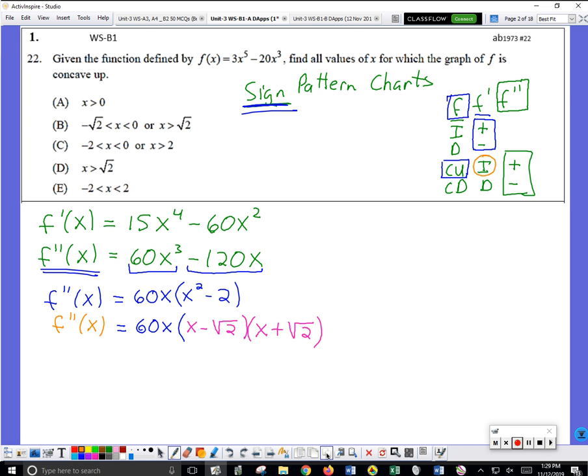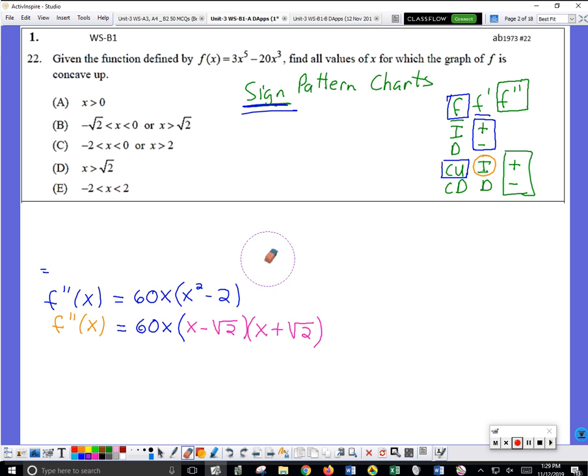So could you just plug in numbers for x on the f double prime equation we have and find the sign that way? It definitely is a legitimate method. It's very inefficient.